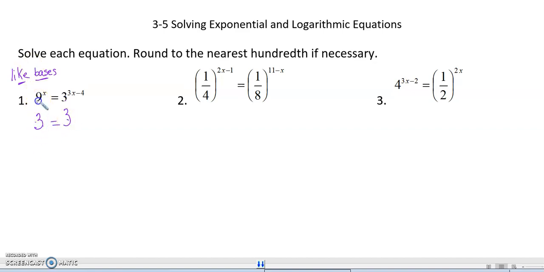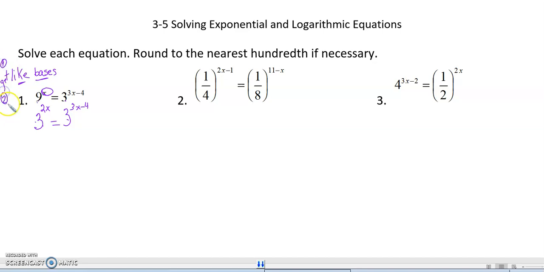I can write 9 as 3 squared. And if there's anything up there with the 9, with the exponent, then you go ahead and keep it. Now this already has a base of 3, so I'm going to keep that exponent. And once we get the bases alike, so our first step is to get like bases.